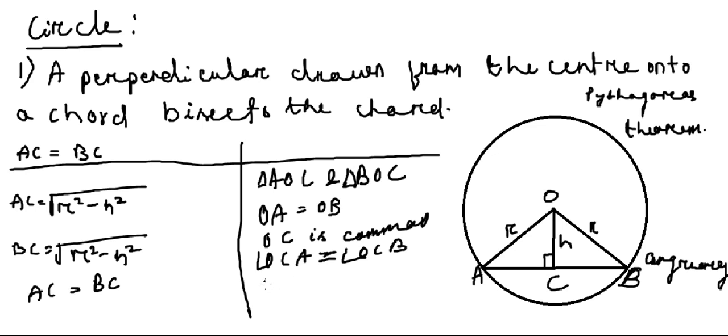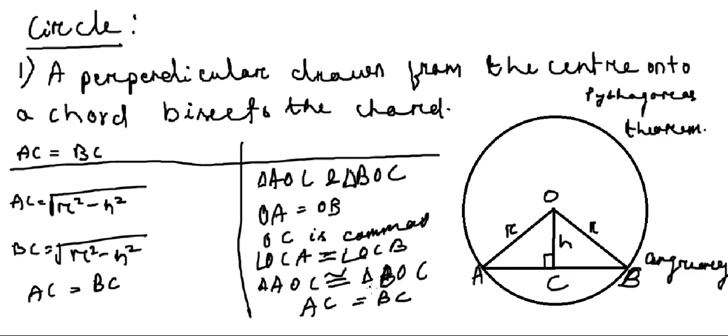Based on this we can say both the triangles are congruent. Now as both the triangles are congruent, we can say that AC is the same as BC.